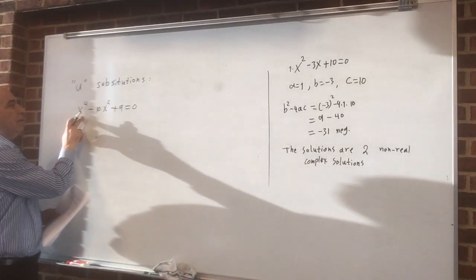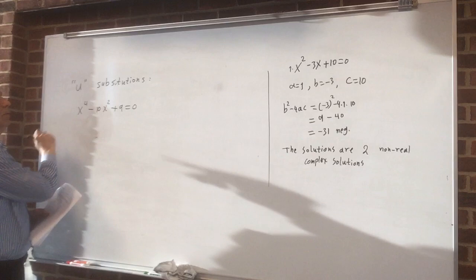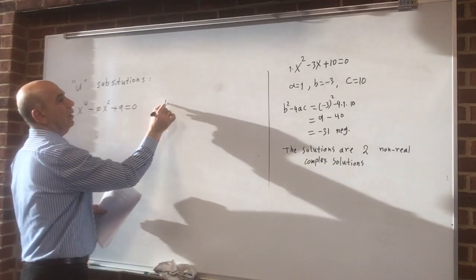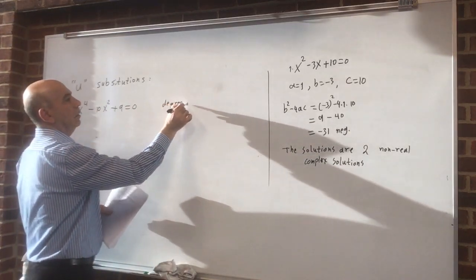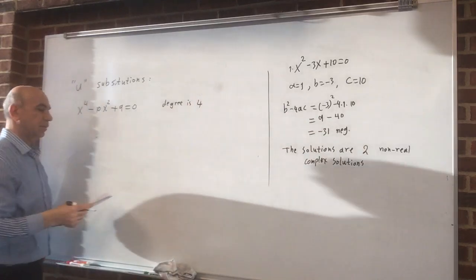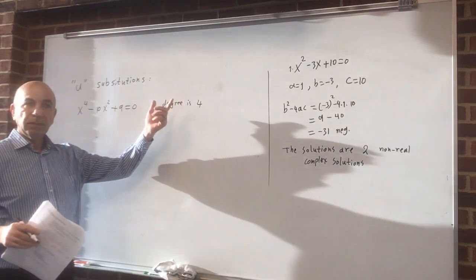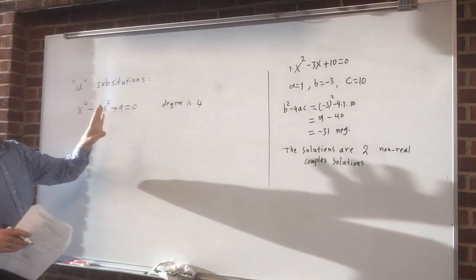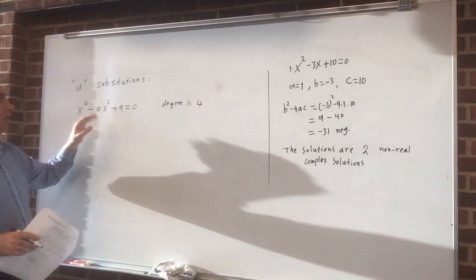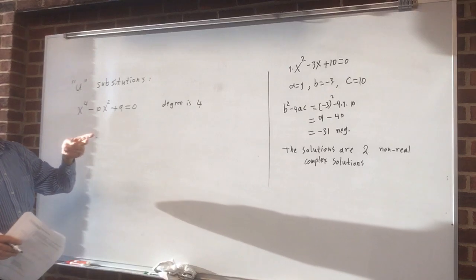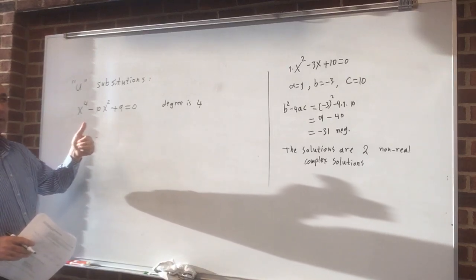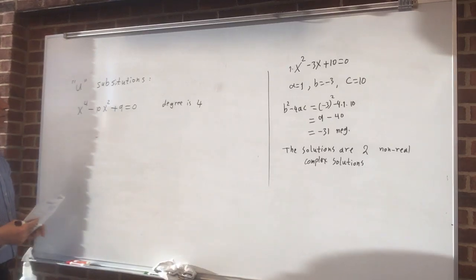Now, the degree for this equation is 4. If the degree is 4, we get 4 solutions. If the degree is 2, we get 2 solutions. If the degree is 1, we get 1 solution.